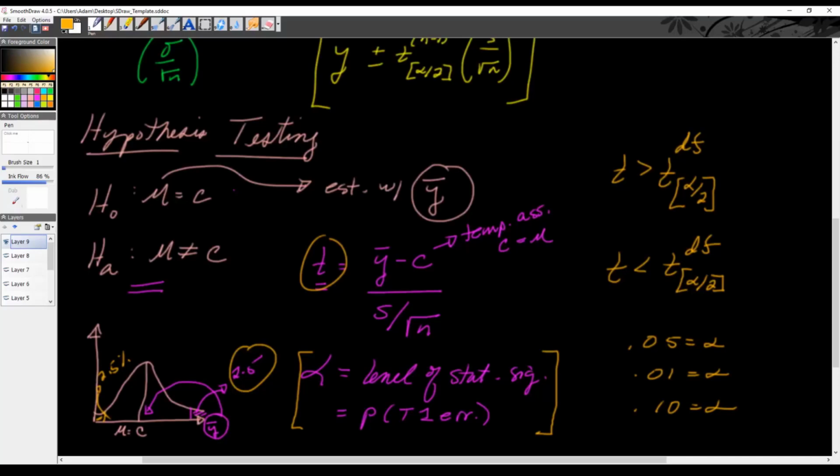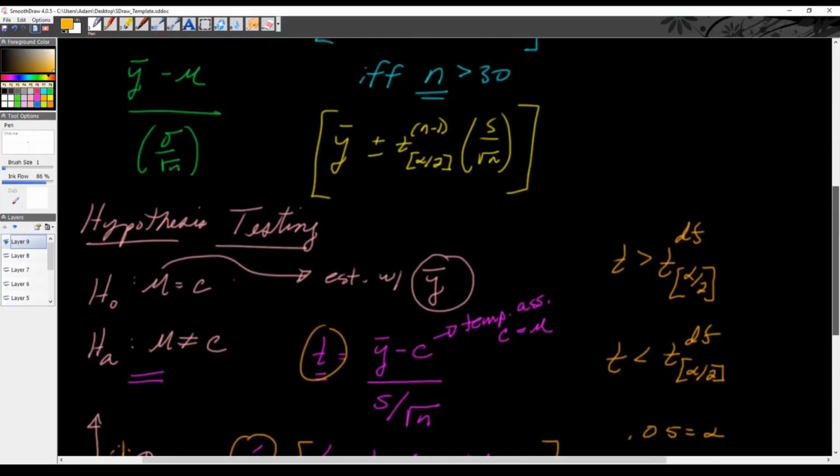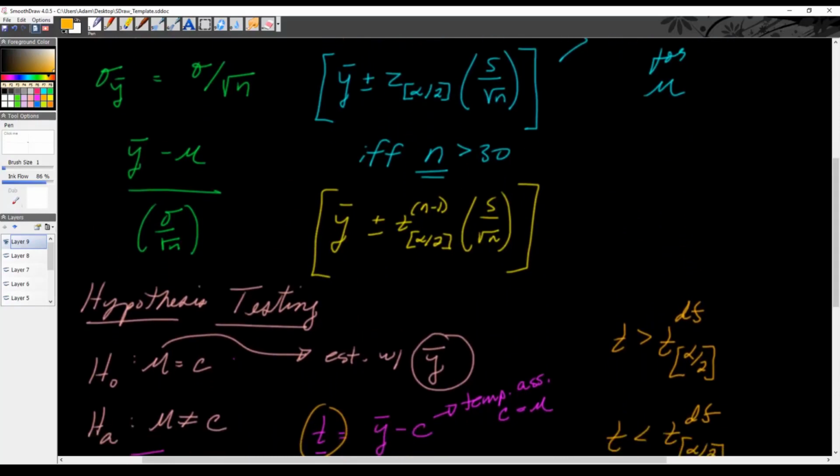All right, so recall that if the population sampled is normally distributed with mean mu, then the population of all possible values of y bar minus mu, divided by the sample standard deviation divided by the square root of n.